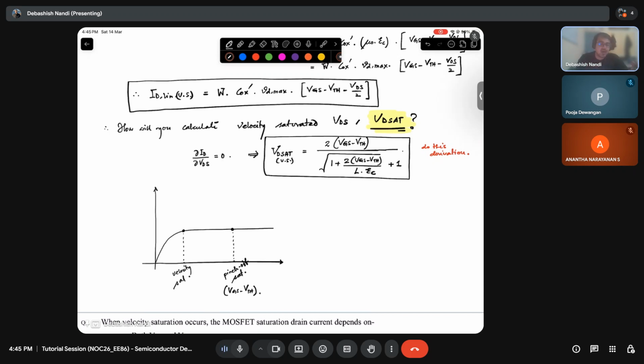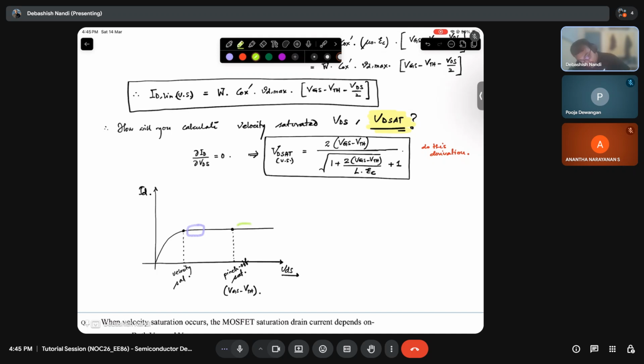So now I want to calculate the velocity saturated current. Which region should I be looking at? Let's say I take two regions.